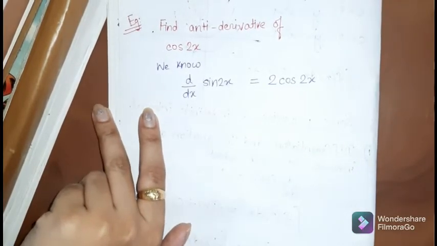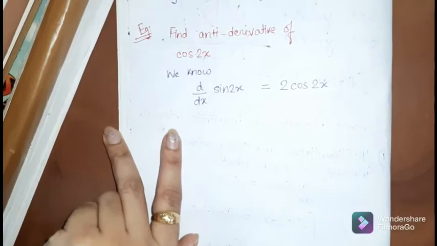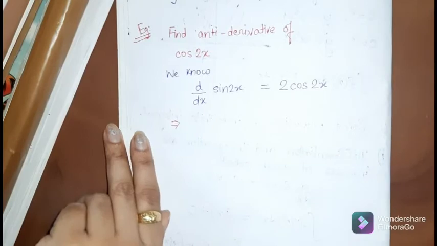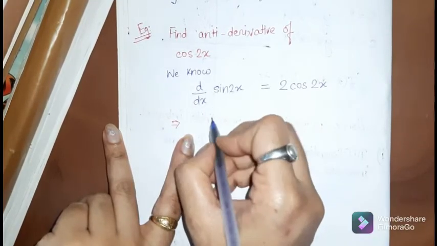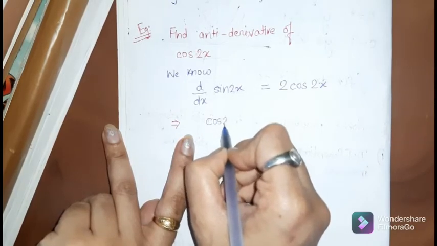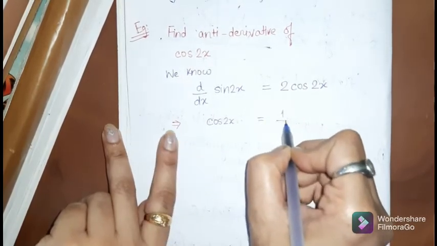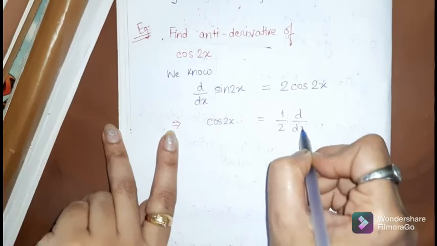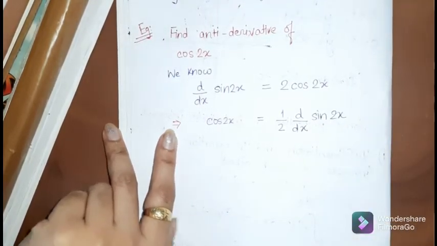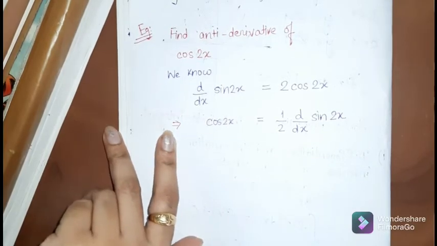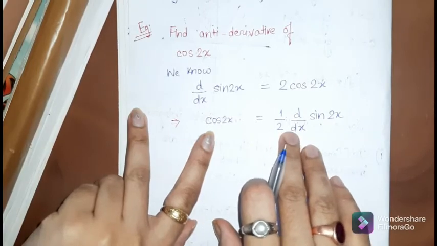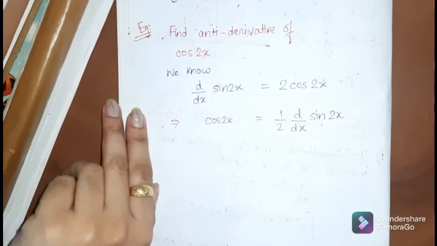This implies cos 2x is equal to 1 by 2 times the differentiation of sin 2x.